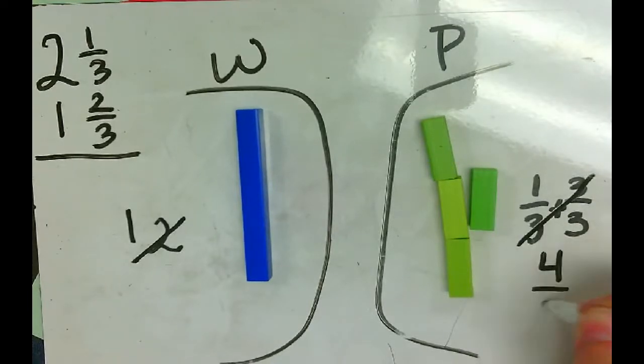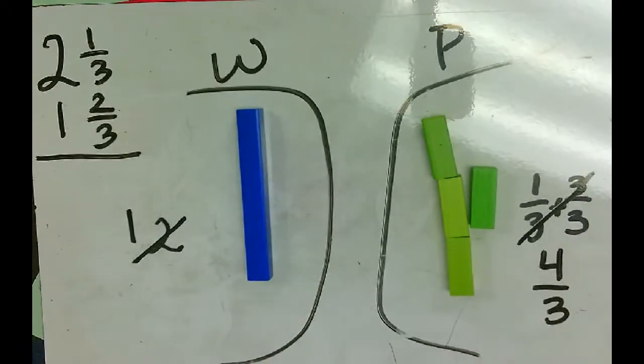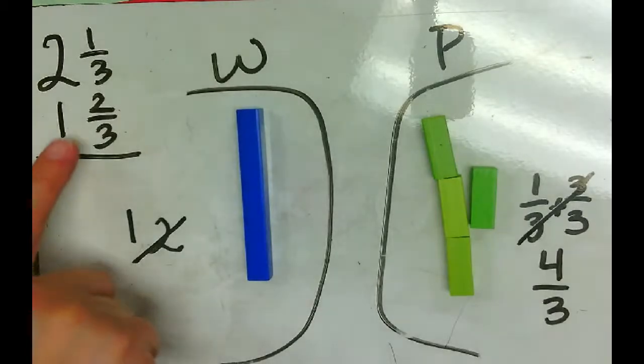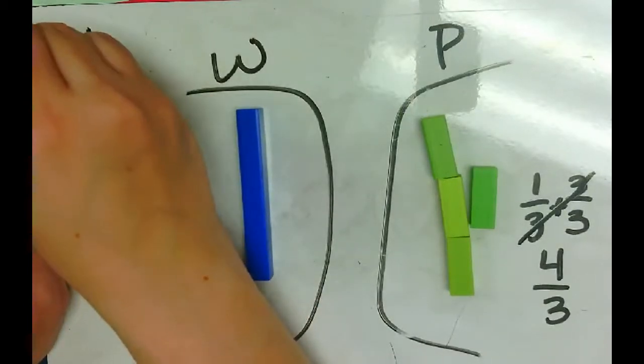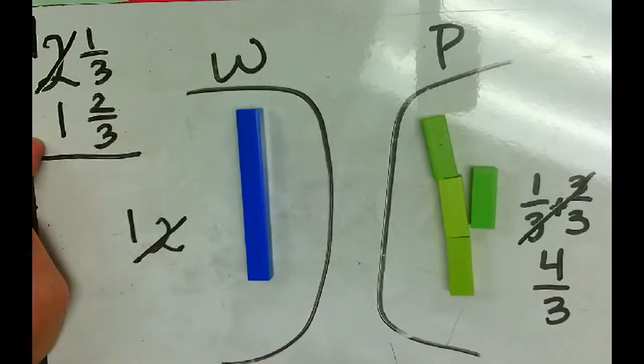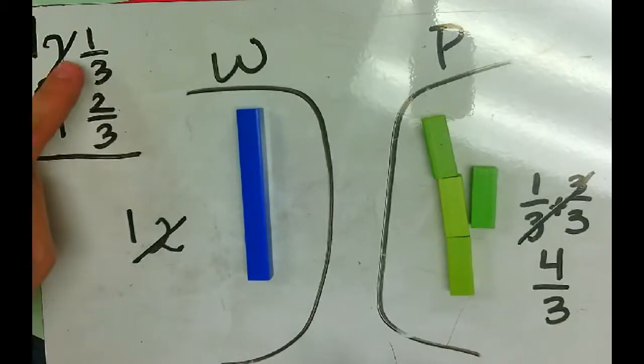So now how many thirds do I have over here in my parts? 4/3. I want you to be writing this with me. Look at this part up here. I just took 2 and I borrowed and made that a 1, right? Do I make this 1 and 11?